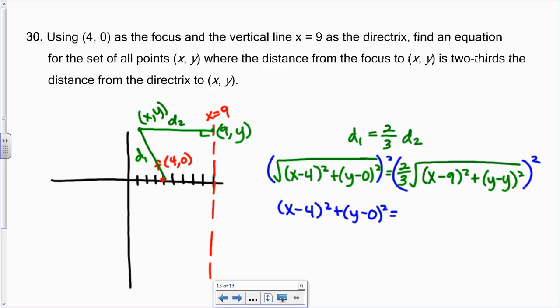And on the right, I have to do 2/3 squared. What is 2/3 squared? 4/9. Okay, and then I need to make sure I multiply by that 4/9, so I'm still going to put what's on the right in parentheses.